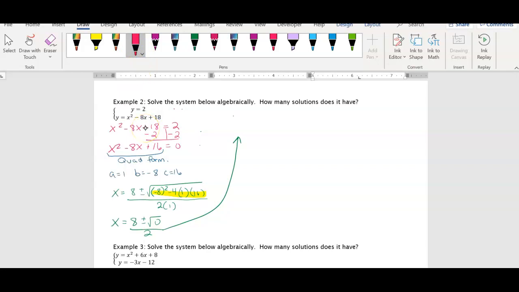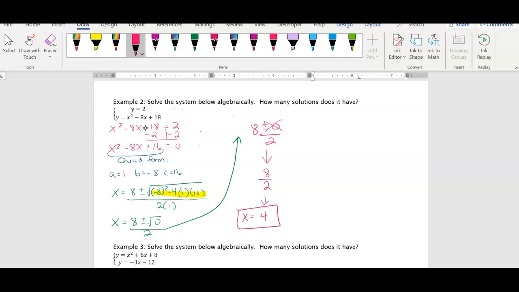So basically what you're going to see here, 8 plus or minus 0 over 2, because there's a 0 at the end, what this means is that we only have one answer. We have basically like saying 8 divided by 2. So the plus minus part and the 0 cancel out, and so x equals 4.